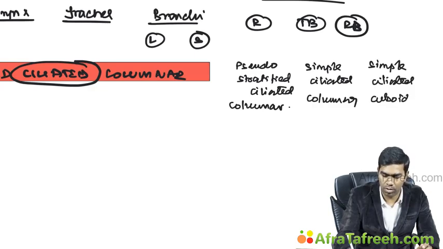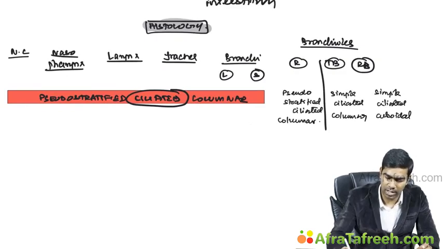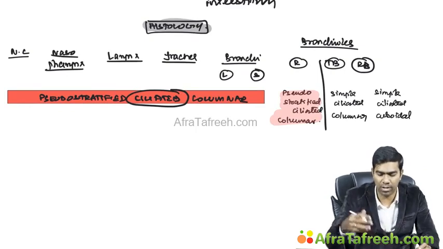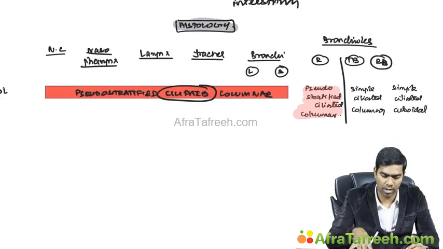So this is about the bronchioles. Till the regular bronchioles, you are going to have pseudo-stratified ciliated columnar epithelium only. After that you have simple ciliated columnar, then you have simple ciliated cuboidal epithelium.